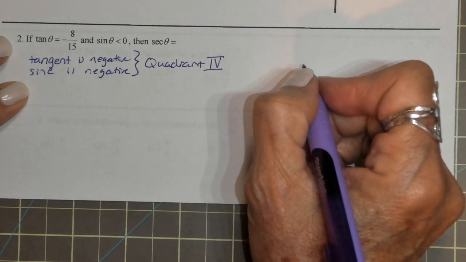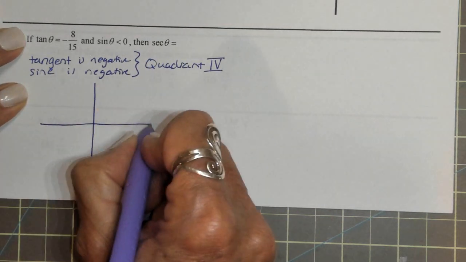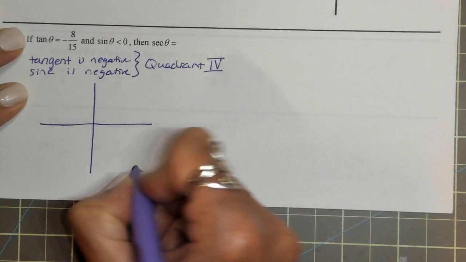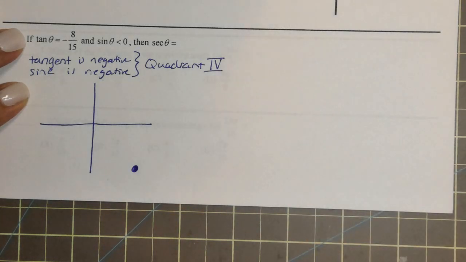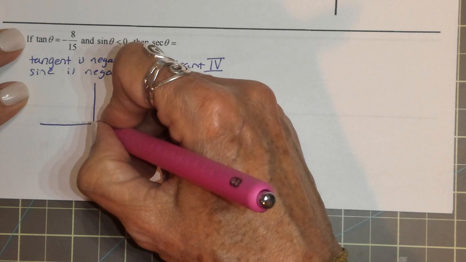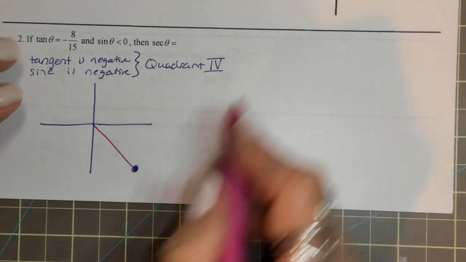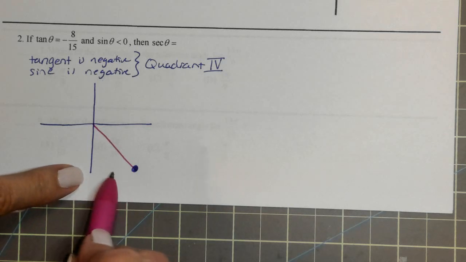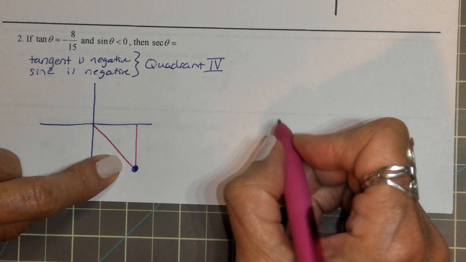It has to be. So I'm going to draw this in quadrant 4. I'm going to put a point down here in quadrant 4. I know that's where we're at. Now I'm going to make the triangle there. I'm going to draw my terminal side, and now I'm going to draw the other side. The other side never goes to the y-axis. The other side always goes to the x-axis.